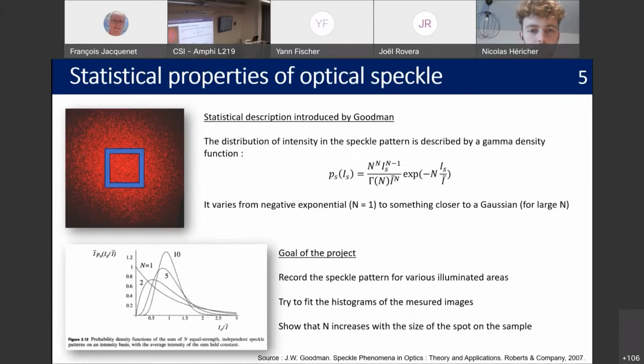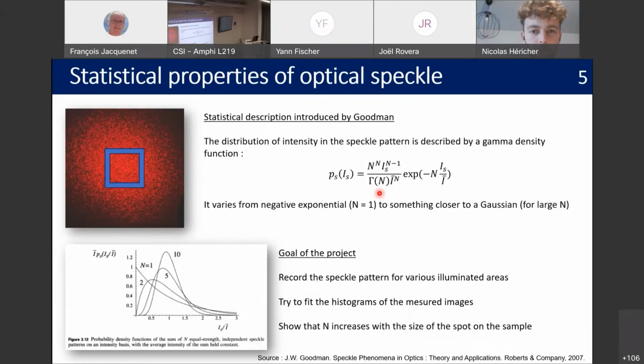So a statistical description of speckle was introduced by Goodman in 2007. Without going too much into details, what it tells us is that the distribution of intensity in the speckle pattern is described by the following probability density function, also known as a gamma density function of order n.